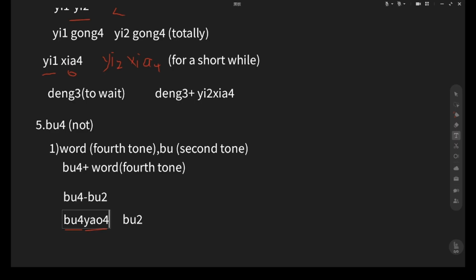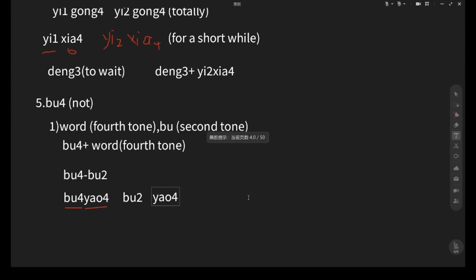This is yào, go, yào. Yes, we read it bú yào, okay? We don't read it bù yào, okay? When the tone after 不 is the fourth tone, then we change this 不 to the second tone, okay? So try to remember this one, okay?